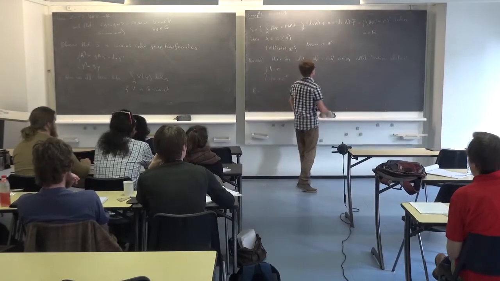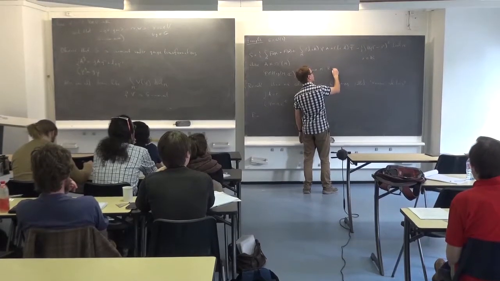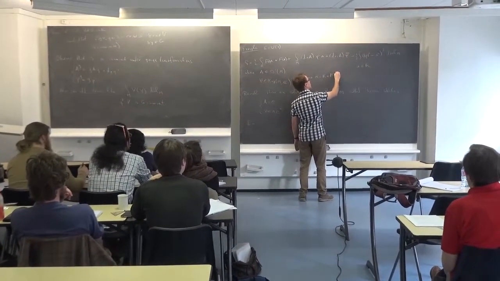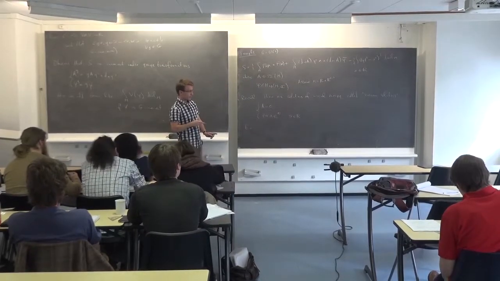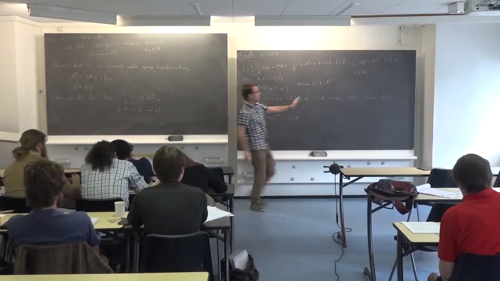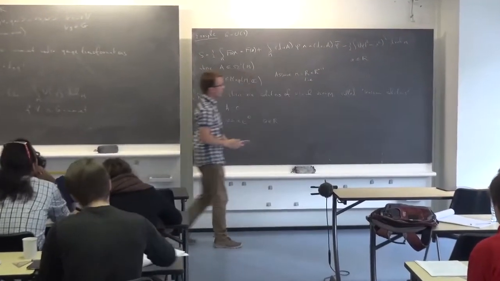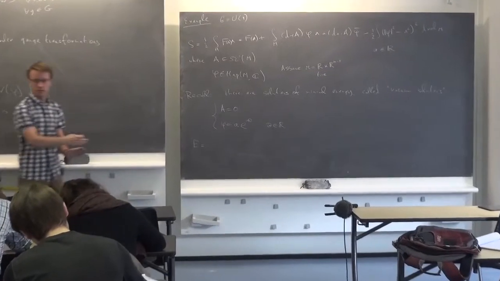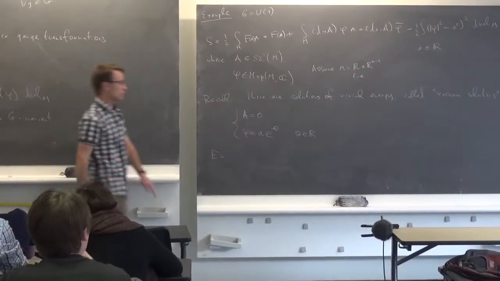Here I'm assuming that M is a product of time and space, and you have a translation action along the time direction, and this action function is invariant under these translations, so you have the corresponding Noether charge, so you have the energy.